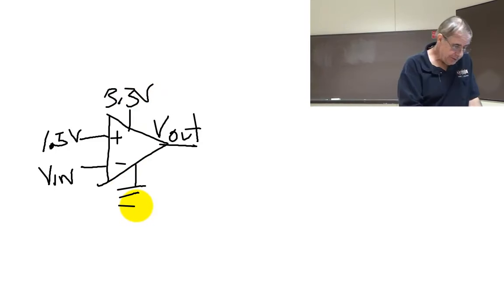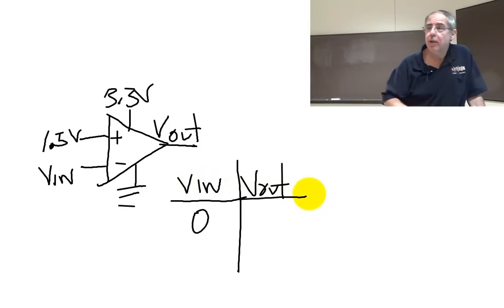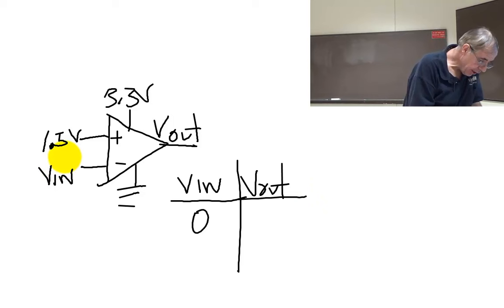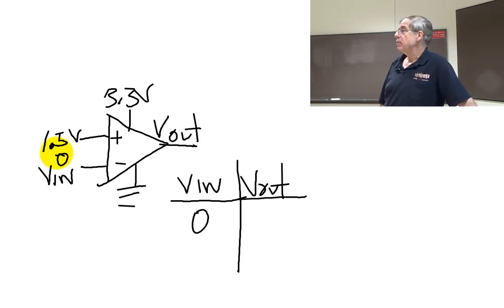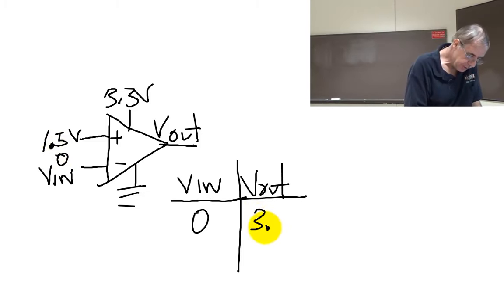If the input were 0, what is the output? Which is bigger, 1.5 or 0? It's not going to go to 350,000 volts, is it? It's just going to go to 3.3 volts.